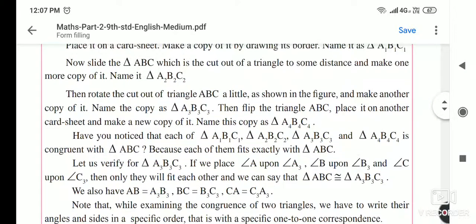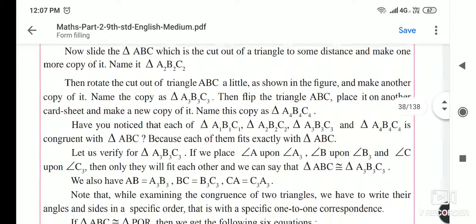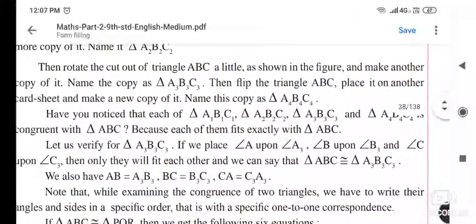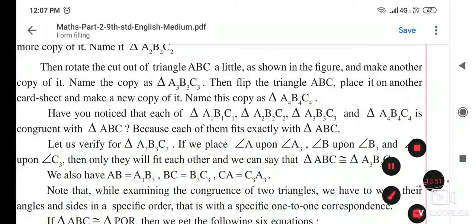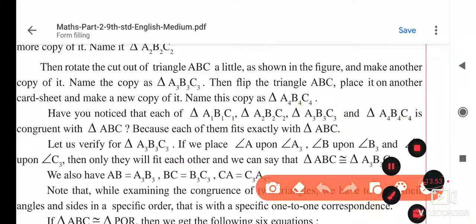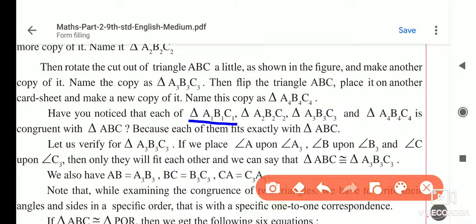So next, have you noticed that each triangle, A1, B1, C1, triangle A2, B2, C2, triangle A3, B3, C3, and triangle A4, B4, C4, is congruent with triangle ABC?